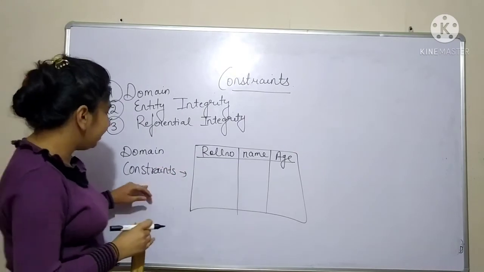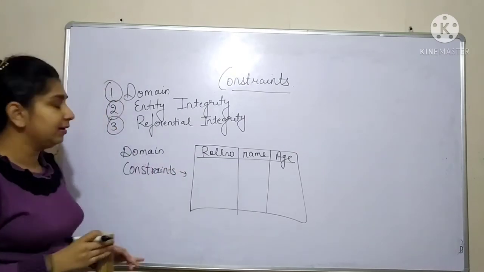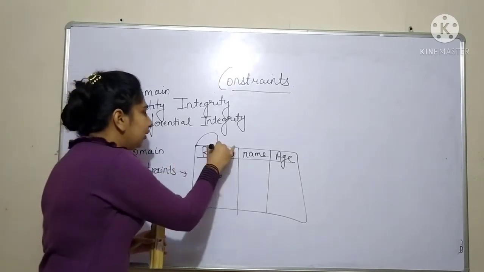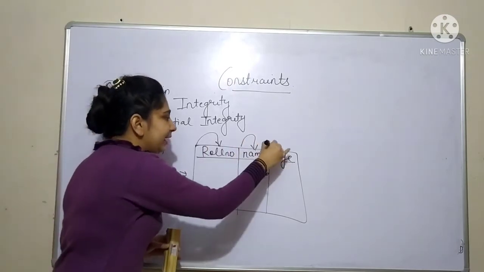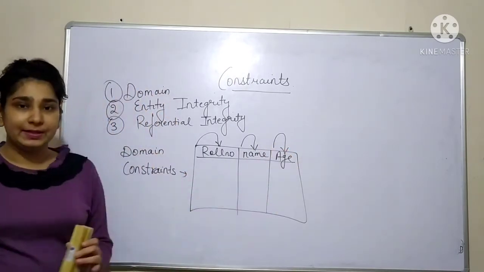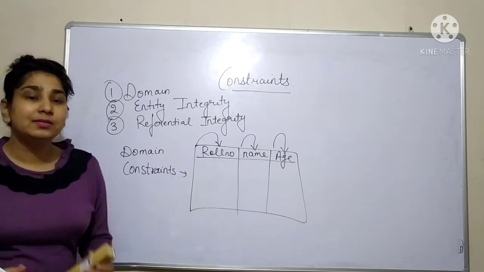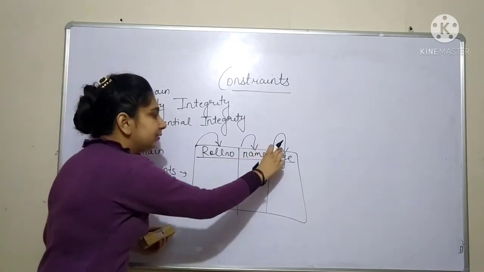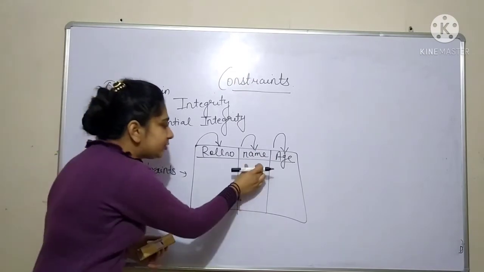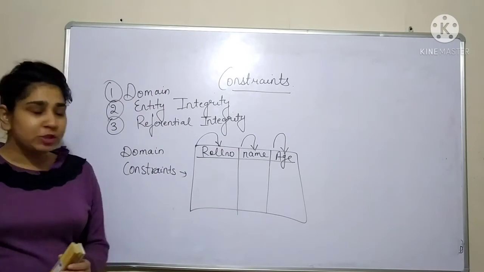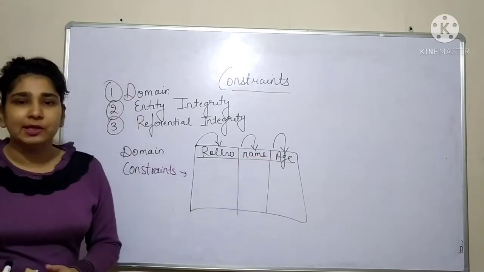So basically your domain constraint is related to the columns. Domain constraints: we are having some kind of restrictions on the data which you will be storing in your table. Let's suppose if you look at this age.